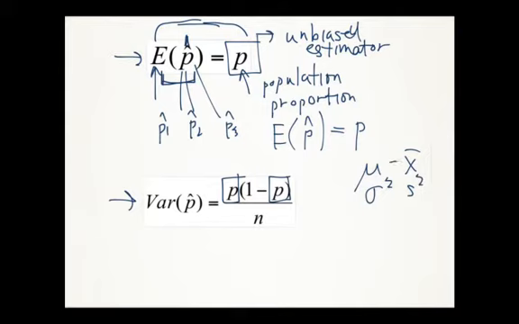The mu and x bar were separate from s squared and sigma squared, right? Here, we can see p's are in both the variance and the mean formulas, okay? So the mean and variance of an estimate of the proportion are both a function of the proportion.